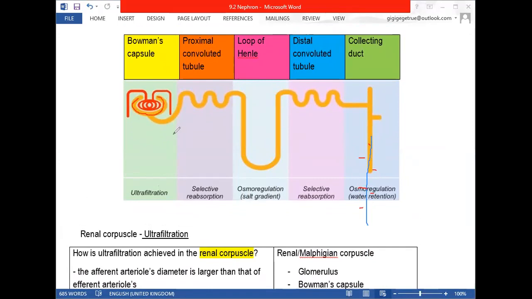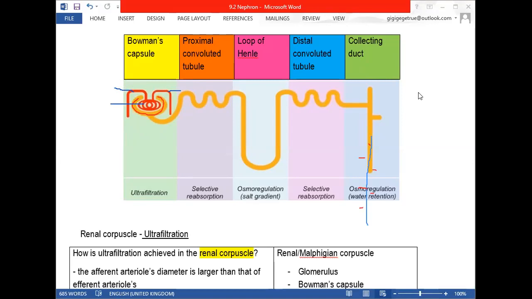Bowman's capsule surrounds the glomerulus. So I will label this as glomerulus. This is your afferent arteriole and this is your efferent arteriole.